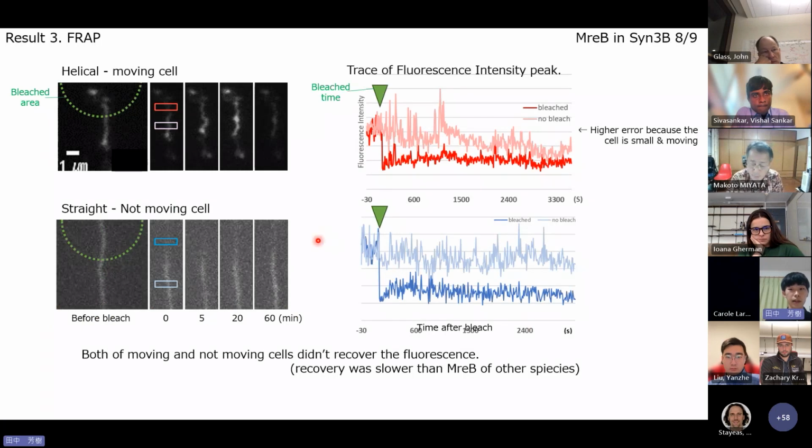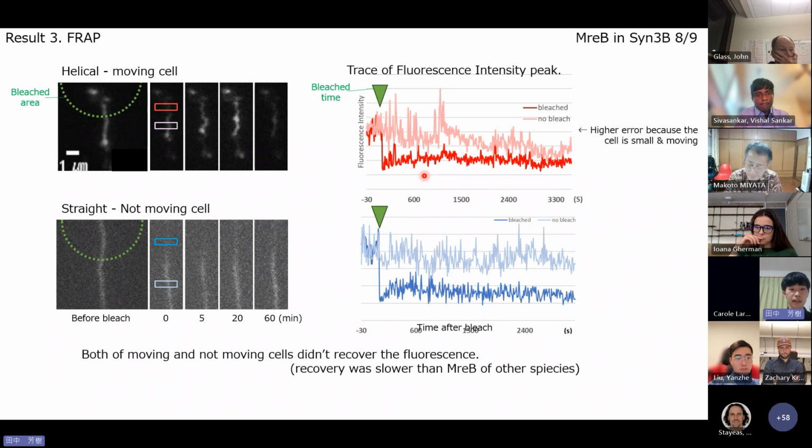In my experiment, one side of the helical moving cell and of the straight, non-moving cell was bleached, and the change of fluorescence intensity was plotted for 60 minutes. Actually, the error is high because the cell is small and moving, and the data could not be collected for a few more cells because of some experimental difficulties.